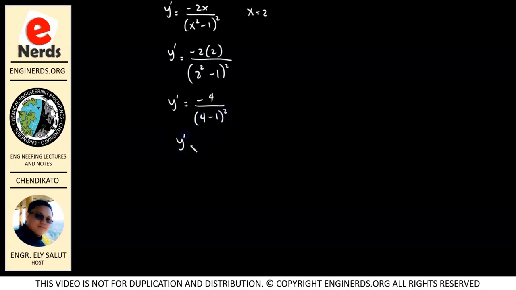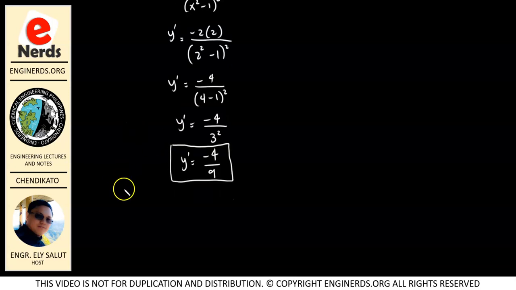So y prime is equal to negative 4 over 3 squared. So y prime is equal to negative 4 over 9. So this is our final answer for this problem. Now we'll go to problem number 18.